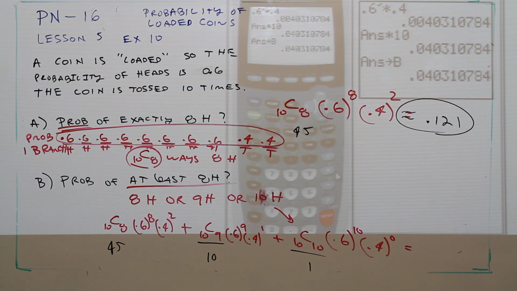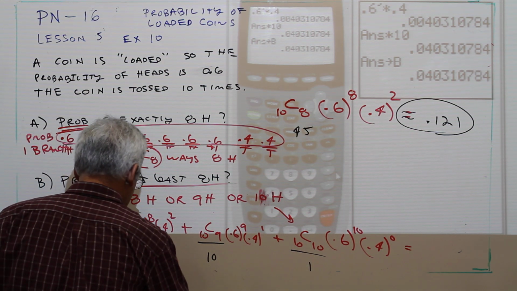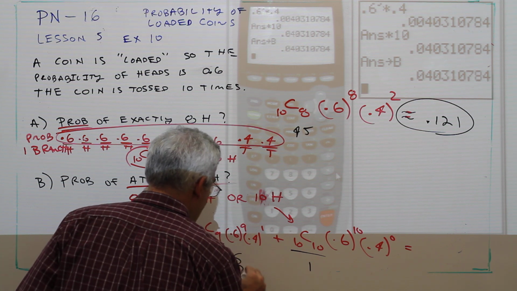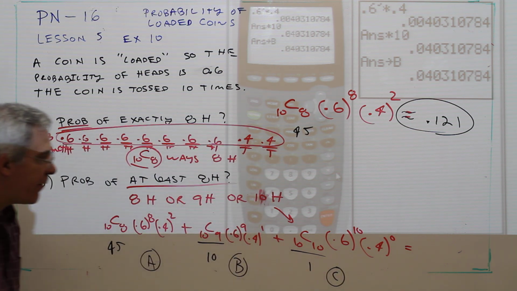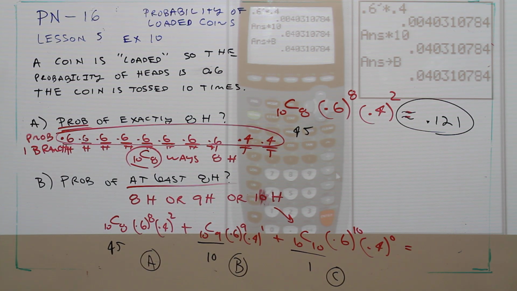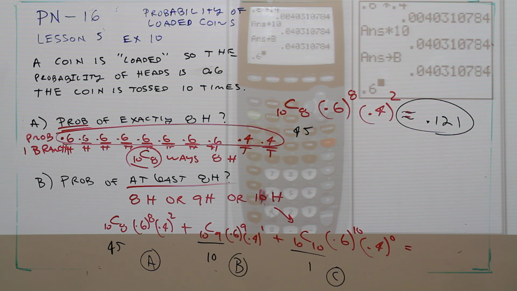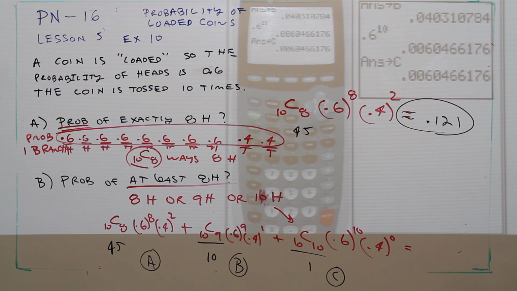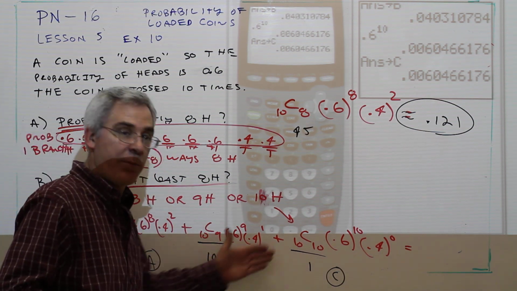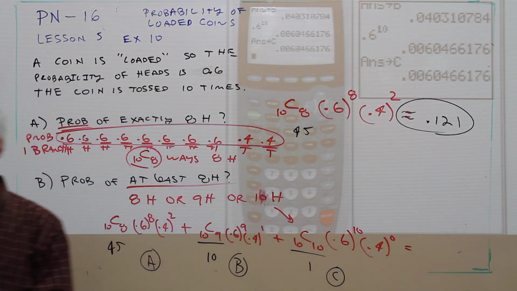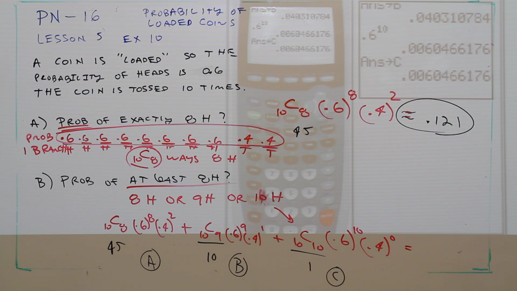And then I'll do this, so this was in alpha A, this was in alpha B, I'll put this one in alpha C. It's just going to be 0.6 raised to the 10th, and I'll store that into alpha C. Okay, so I've got alpha A, alpha B, alpha C. I'll just sum them and report to 3 decimal places.